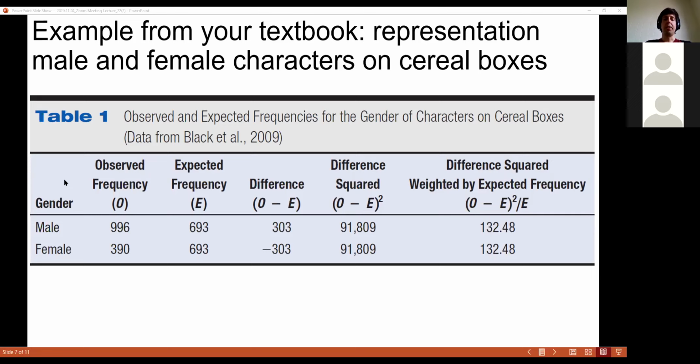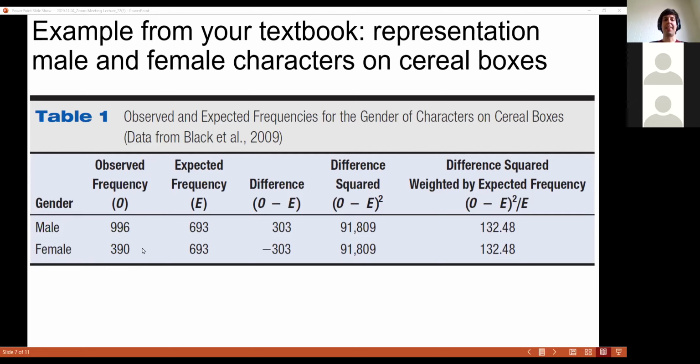With the correlation and prediction, there were two numeric variables that were correlated with each other, or we were predicting one based on the other. But here, there's only one variable, and that variable is going to be the only variable for each of the cases. So if there are about 1,200 cereal boxes, there'll be 1,200 scores total.